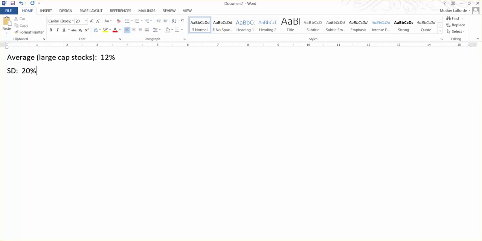Again, this was for large cap stocks. Small cap stocks had different means and standard deviations. So, since I know the average return on a stock and the standard deviation of that mean, I can calculate things like what is the likelihood that I will lose money if I invest in large cap stocks.